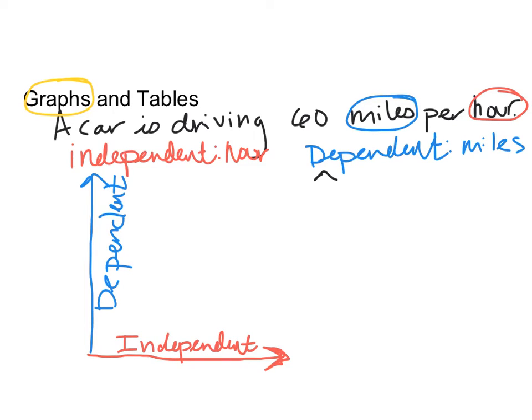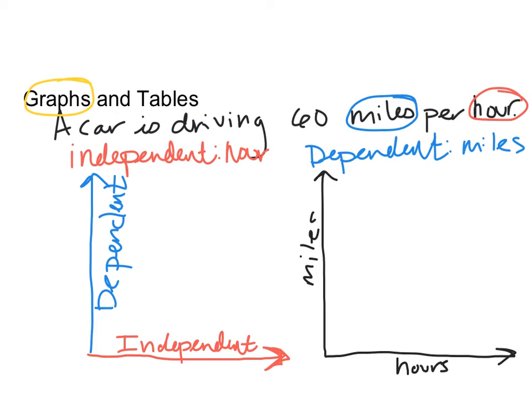So in this situation, you would have the independent variable, which is hours, on the x, and the dependent variable, which is miles, on the y. And you would still label your x and your y.